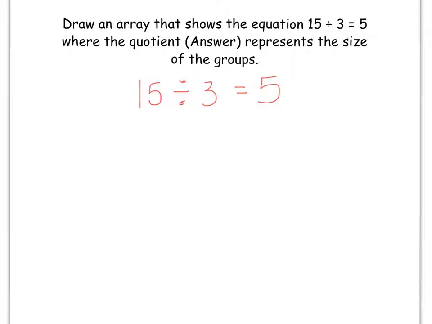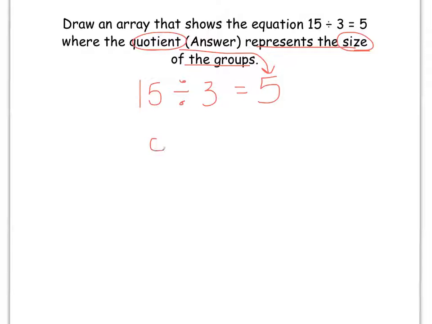In this case, they want my quotient, which is 5, to represent the size of the groups, not the number of groups, but the size of how many counters I want in each group. So I need to count out 5 counters in each group.